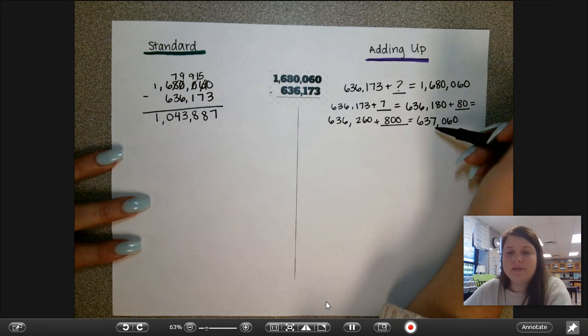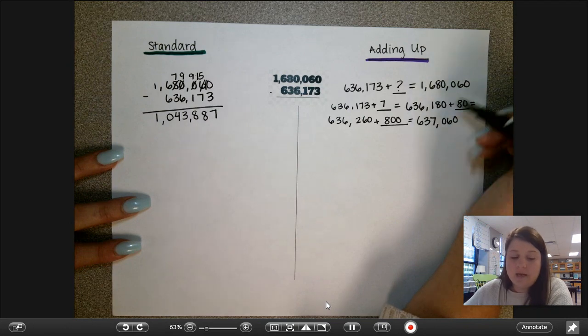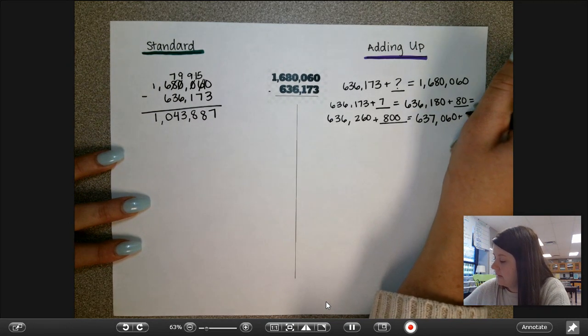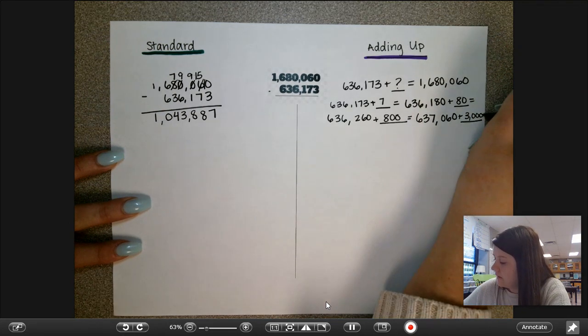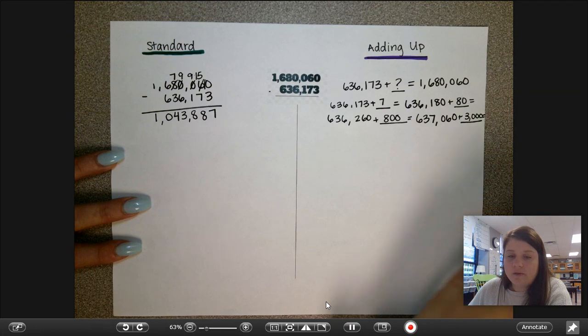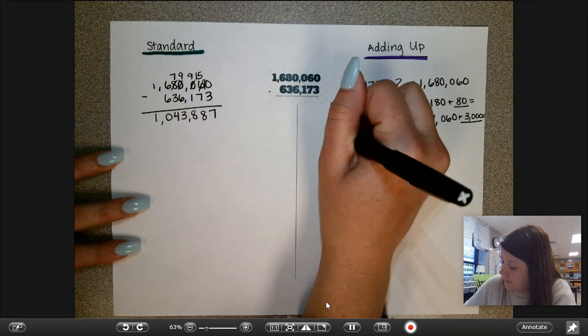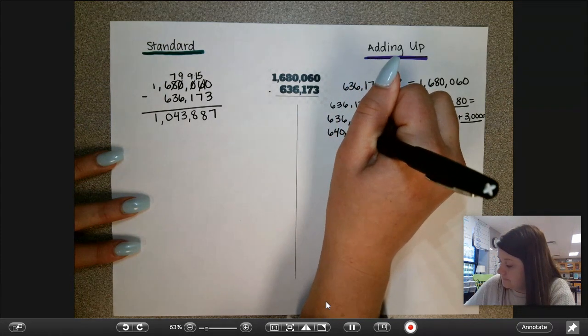Now I've got to figure out what to add to get my thousands place to 0. And I know 7 plus 3 gets me 10, so I'm going to add 3,000. That equals 640,060.